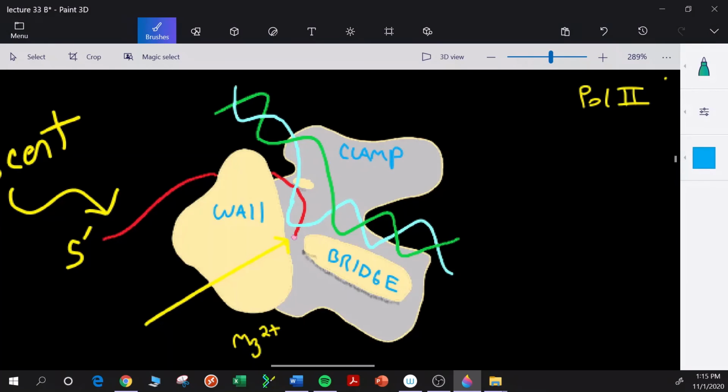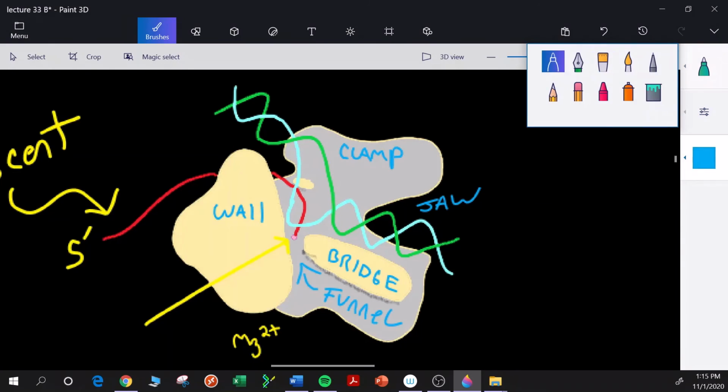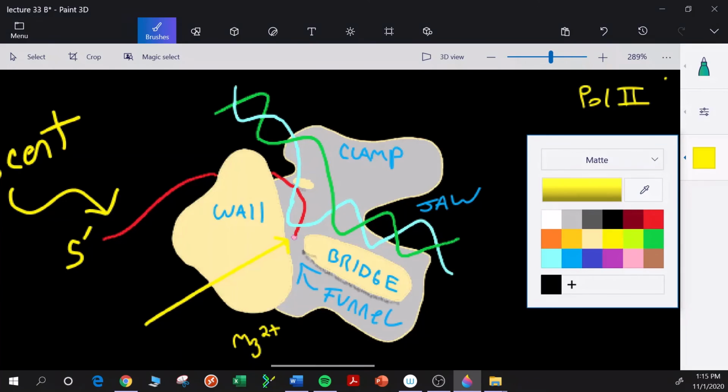And so this right here would be the jaw, where the DNA enters. We have the funnel right here. And the funnel is where the NTPs will enter so they can be added.